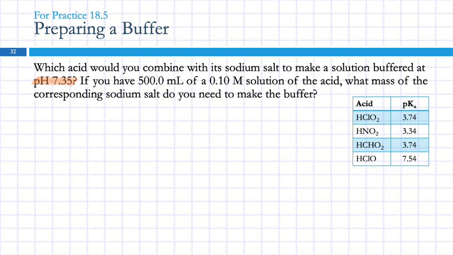One that's close to 7.35, right? And so in these 4 options here, the only reasonable choice is the hypochlorous acid, because there the pKa is close to the pH that we want. This will be a good buffer between 6.54 and 8.54 on the pH scale.